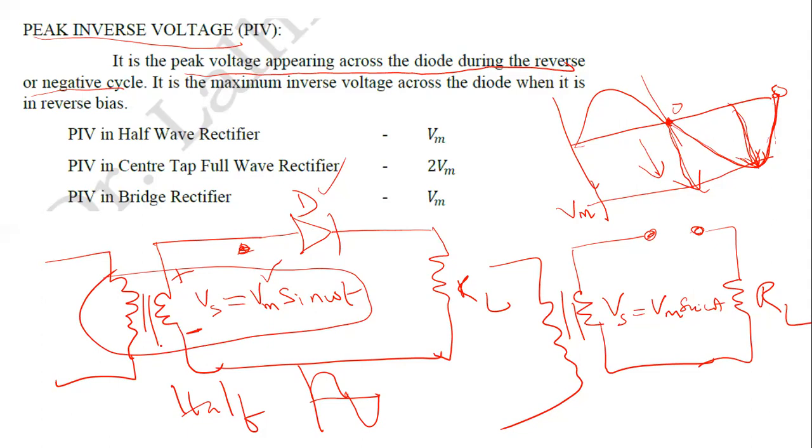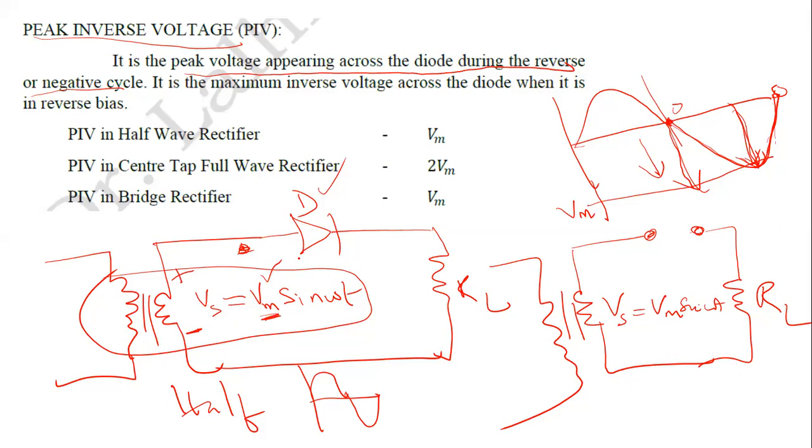Your step down transformer should be able to step down the voltage to such a low value that the peak inverse voltage appearing across the diode is below the avalanche breakdown voltage. So the design has to be such that you step down the voltage using a transformer, so that the peak inverse voltage that will appear across the diode is below the breakdown voltage of the diode.